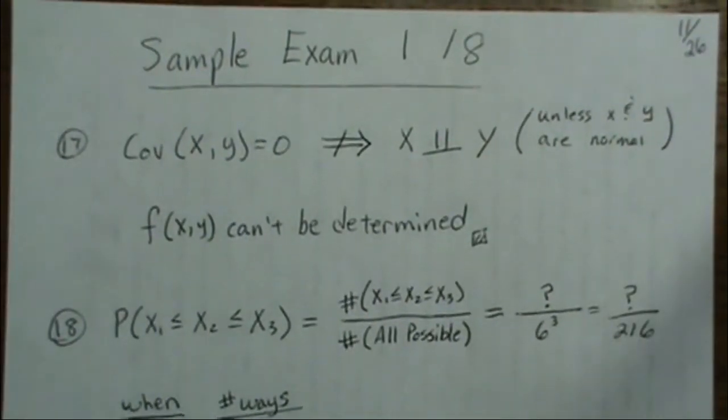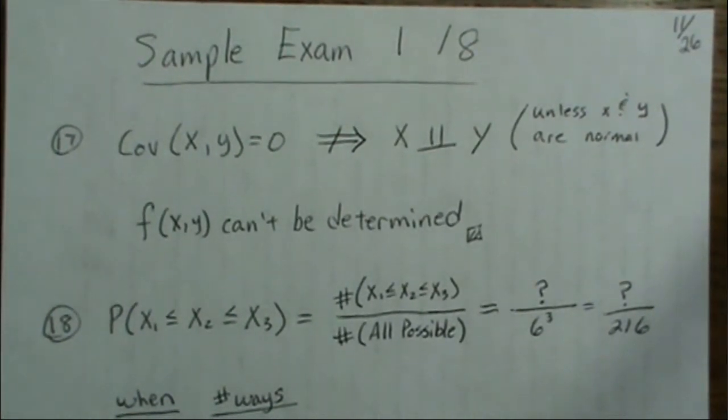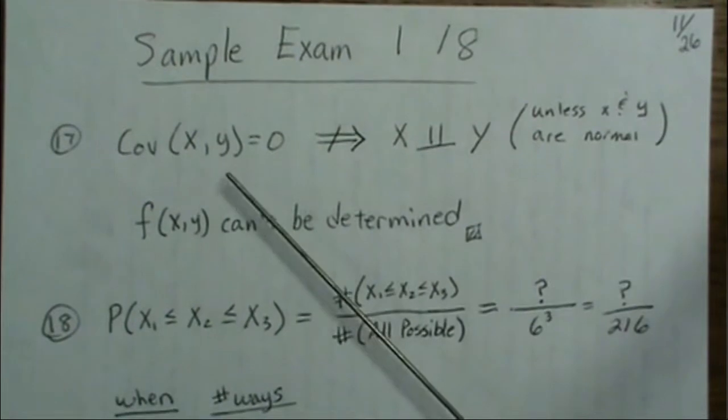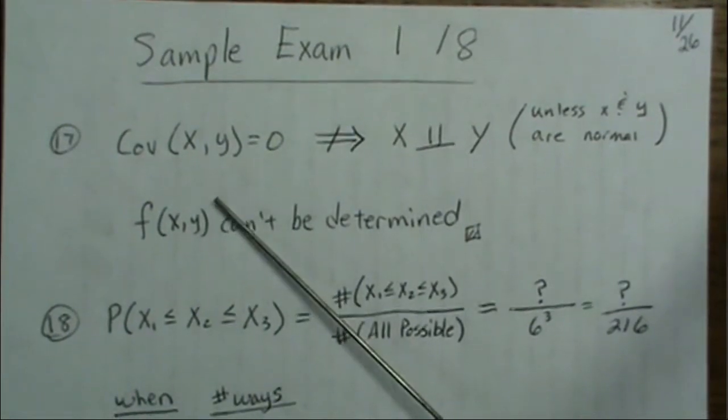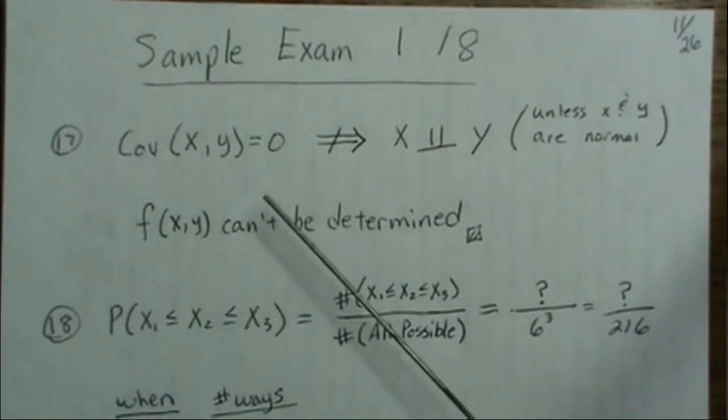So, sample exam 1 of 8, problem 17, we're given that x and y are jointly distributed with marginals given. And we want to say if the covariance is 0, what's the joint distribution? We're given the marginals, what's the joint?